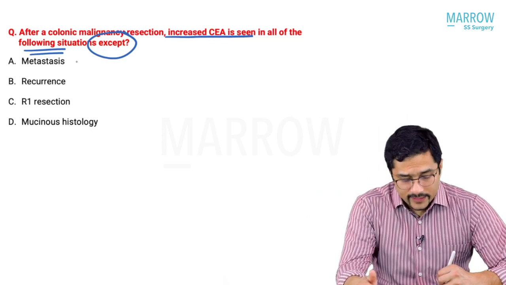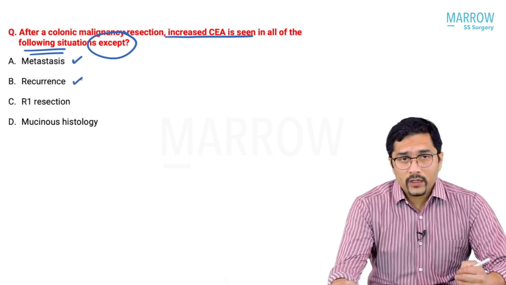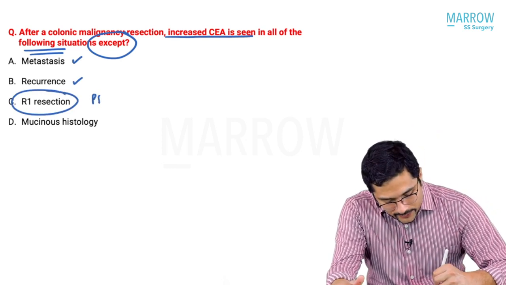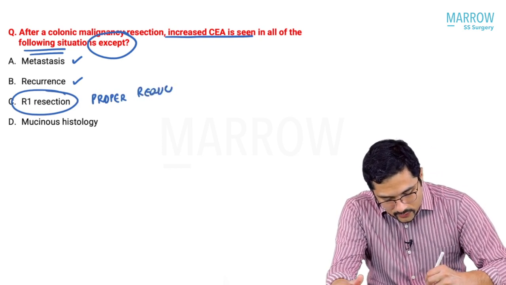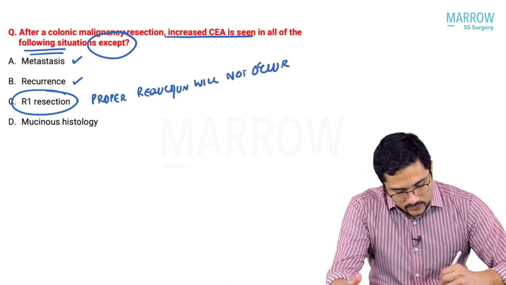If CEA is increasing, it can indicate metastasis or recurrence, or if there is R1 resection, proper reduction will not occur, right. So, this also is correct.